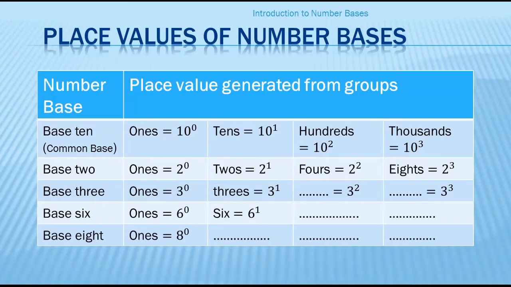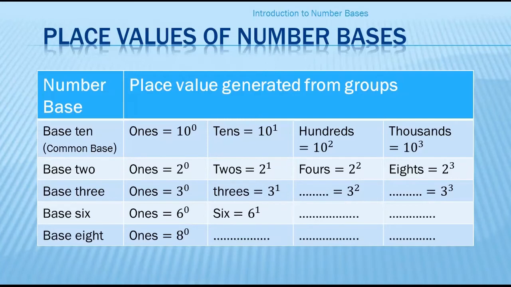In base 10, the groupings are done in tens, and the least possible place value is 1, followed by tens, 10 tens, which are hundreds, 10 tens, which are thousands. The same method applies to all the other bases.